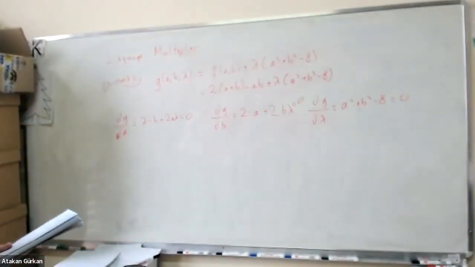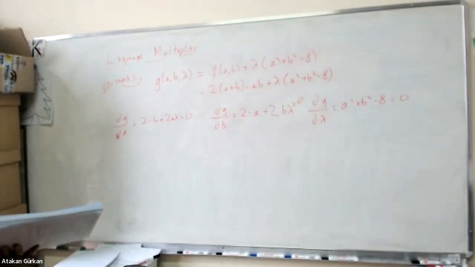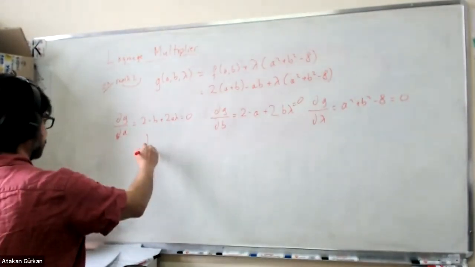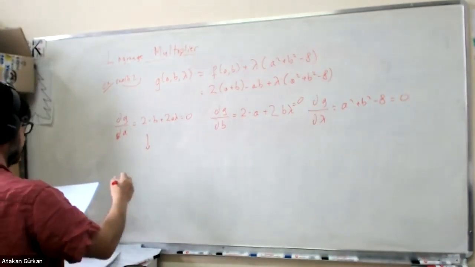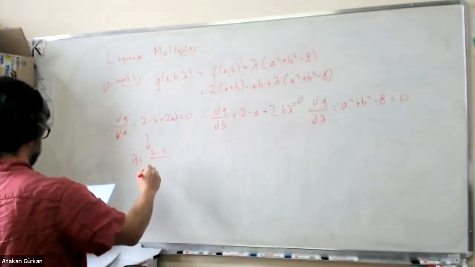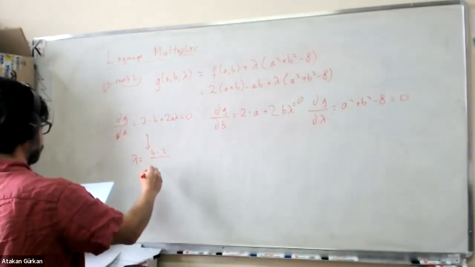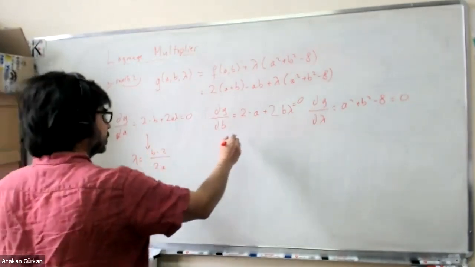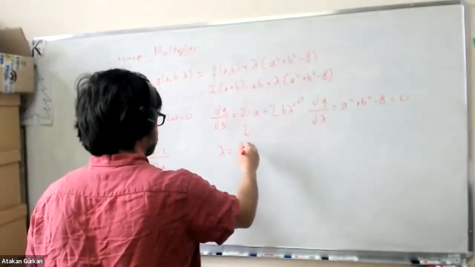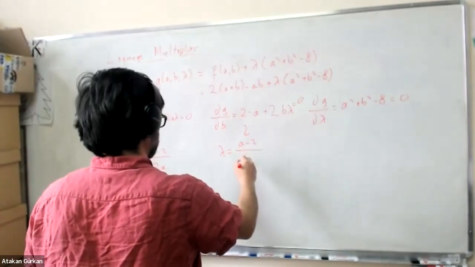So I have these three equations for three unknowns. I'm going to solve them. That's the idea. Now, this one, I actually did solve them at home. This gives you lambda equals (b minus 2) over 2a. And this one gives you lambda equals (a minus 2) over 2b.